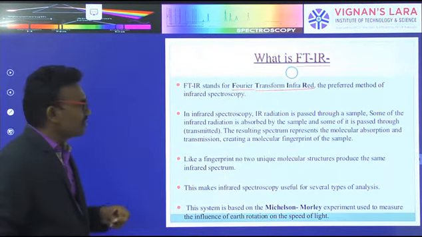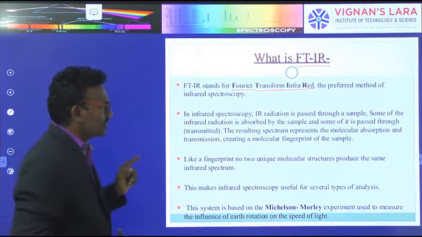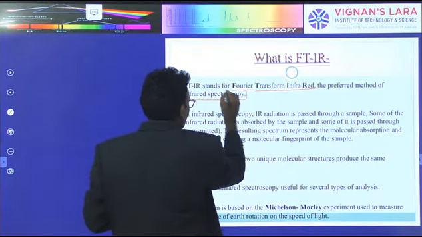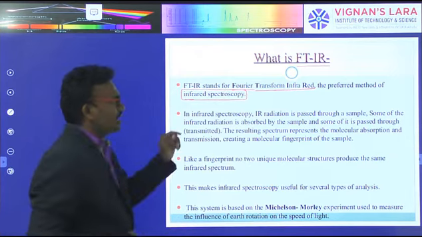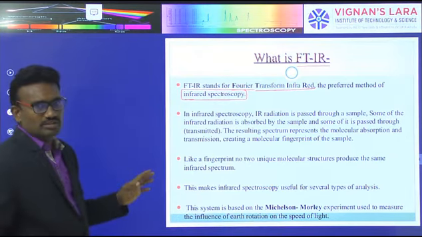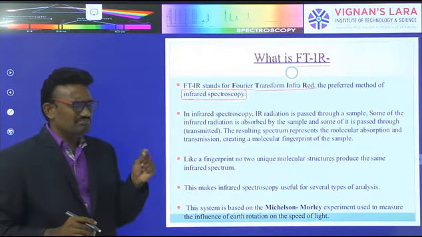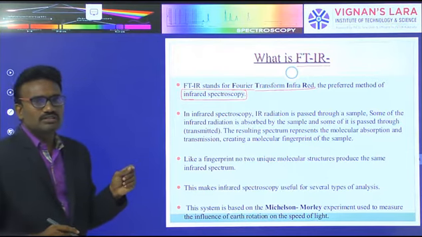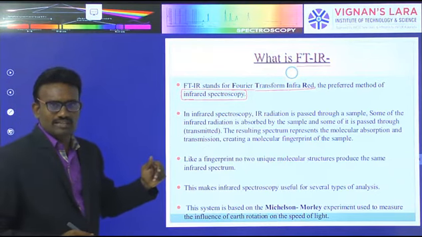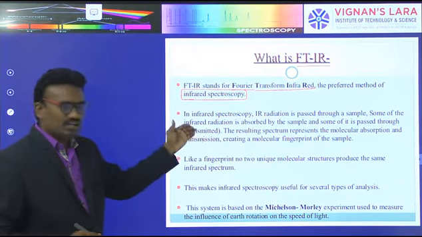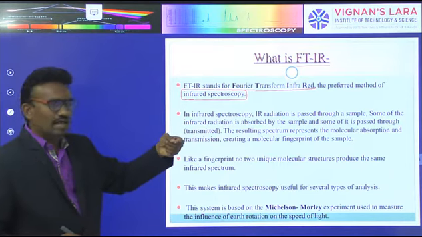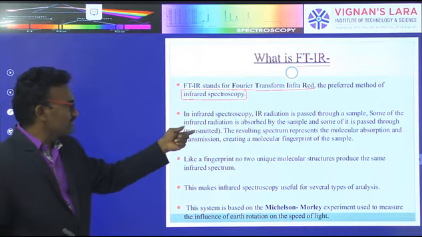It is the performed method of infrared spectroscopy, and it is also one of the IR spectroscopies. FTIR and IR are the same process, but some points are different. The new technology method has no accuracy errors. IR spectroscopy has some accuracy errors, but FTIR does not.